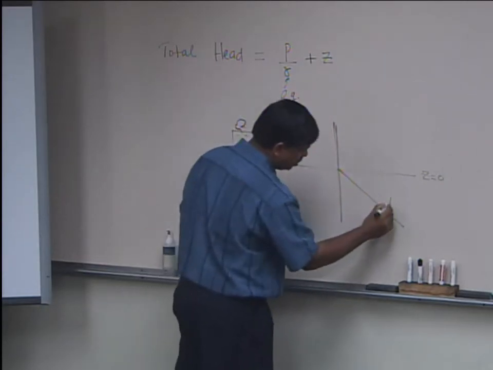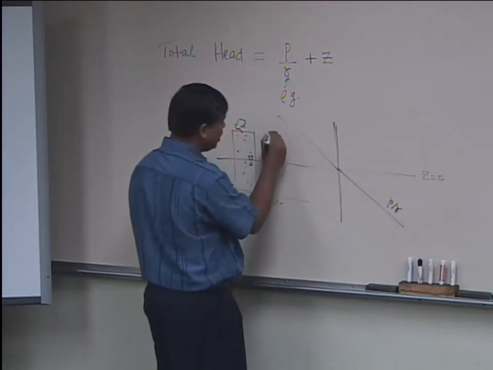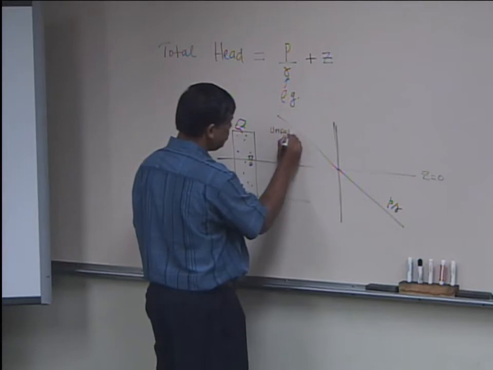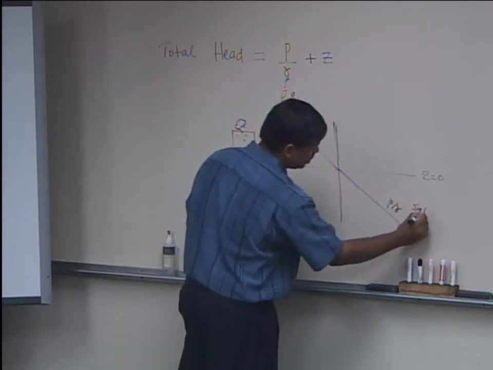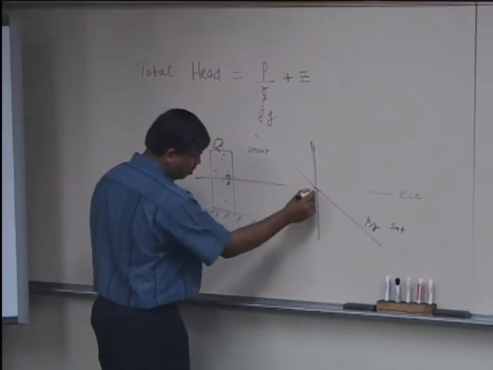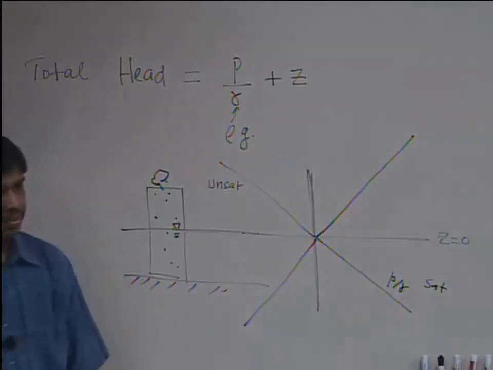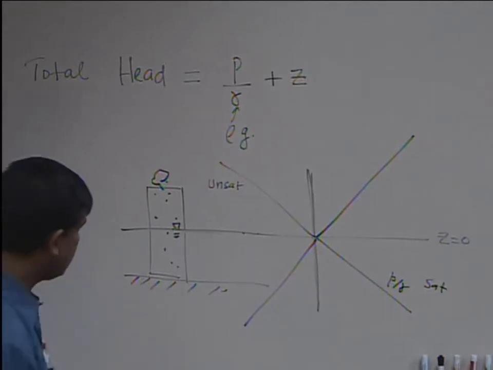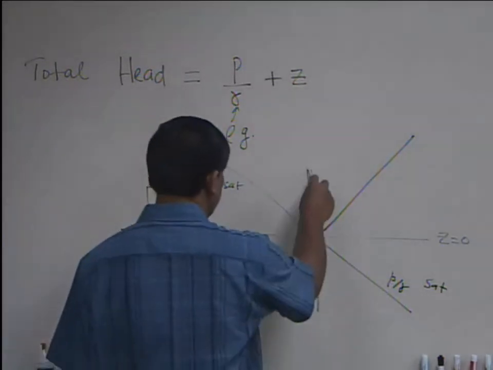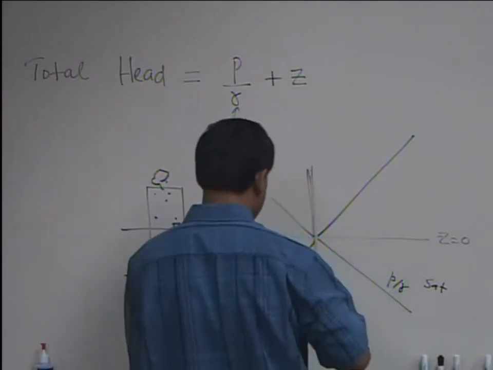This is my pressure, P by gamma. And as I go up, it's going to be negative in the unsaturated zone, unsat, sat. And my elevation head, since it's 0 here, becomes negative as I go down and positive as I go up. So that is the basic way total head is distributed in a soil, in a sand column.